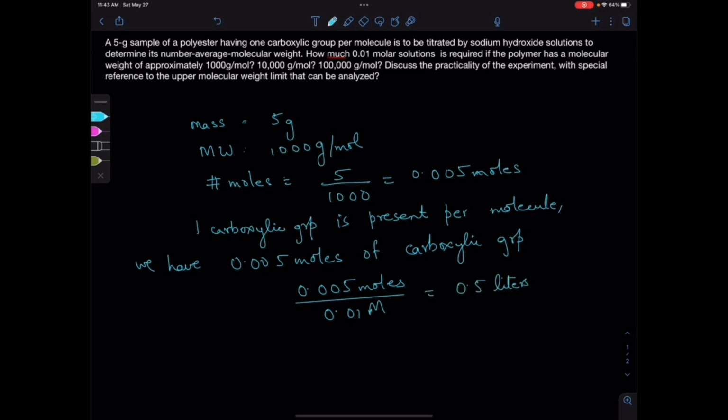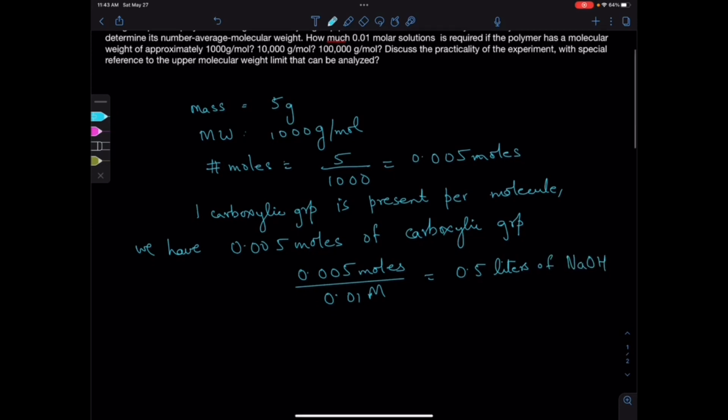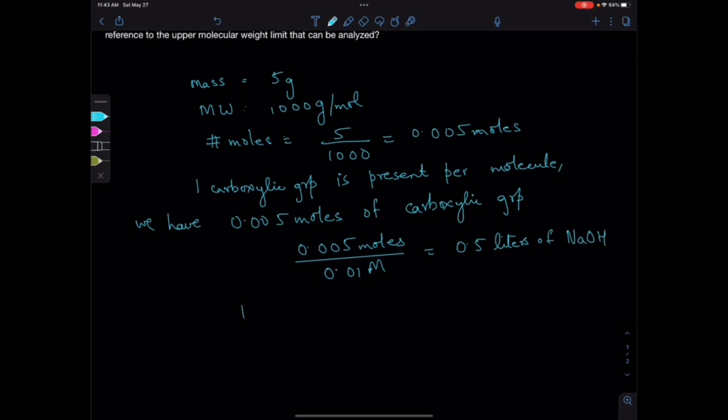So we'll need 0.5 liters of sodium hydroxide. So for 1000 grams per mole, we need 0.5 liters, which is 500 milliliters.